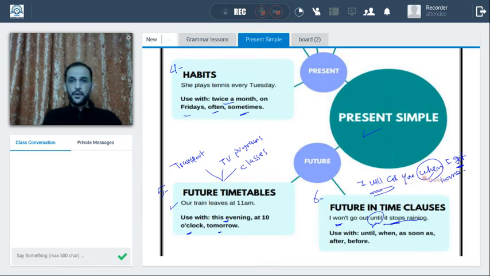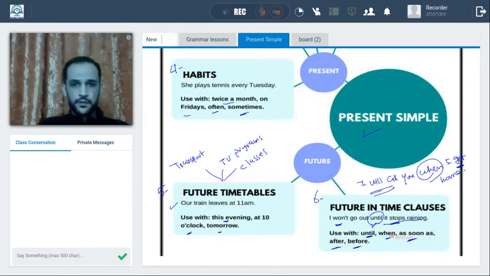In time clauses, I can use some words like these: until, when, as soon as, after, and before, and they are followed by the present simple in the future in time clauses.